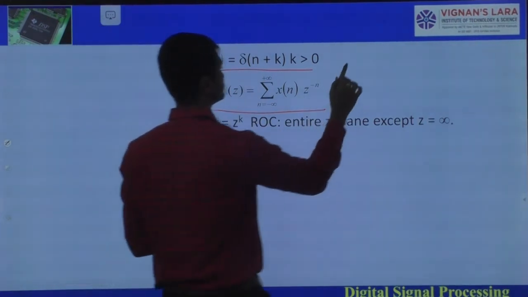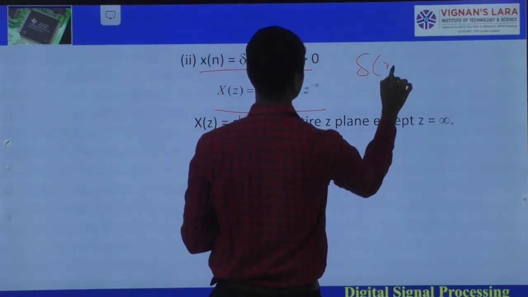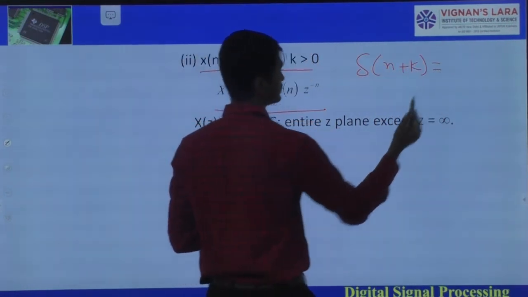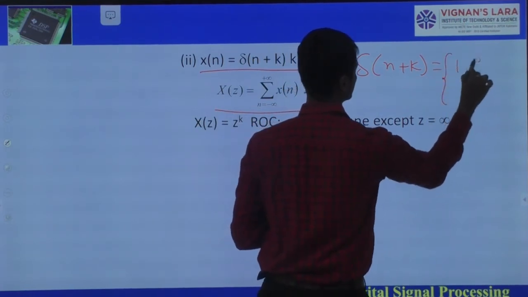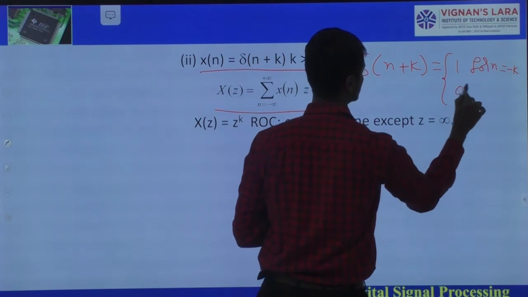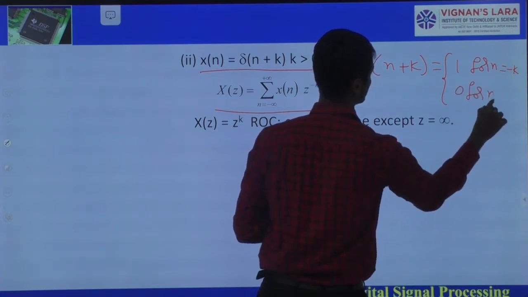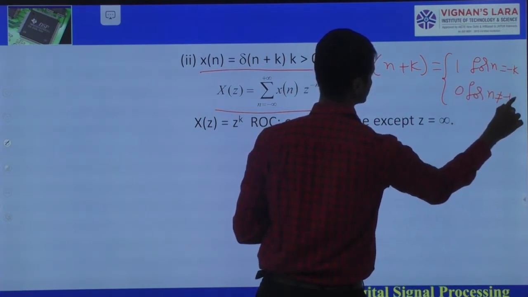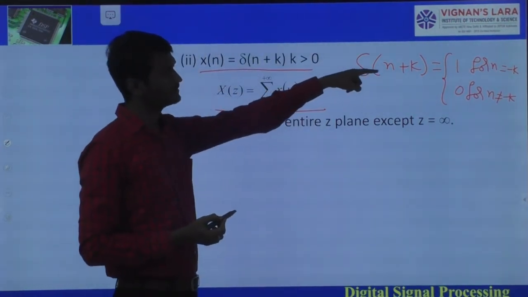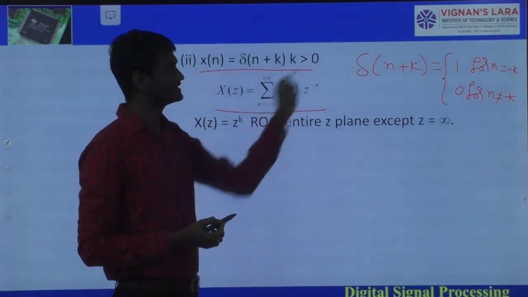We know delta of n plus k is equal to 1 for n equals minus k, and 0 for n not equal to minus k. So that is only 1 for n equal to minus k, right?